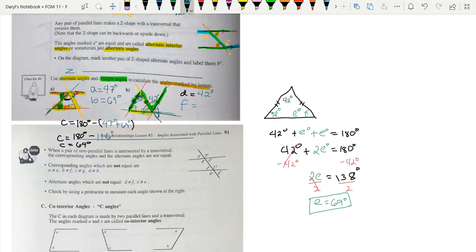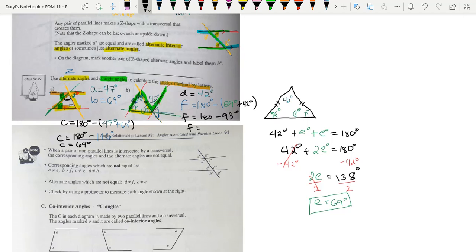So angle F is, same as what we did earlier, the difference of 180 degrees minus the sum of 69 degrees plus 42 degrees. So F is 180 degrees minus the sum of 69 and 42, which is 93.